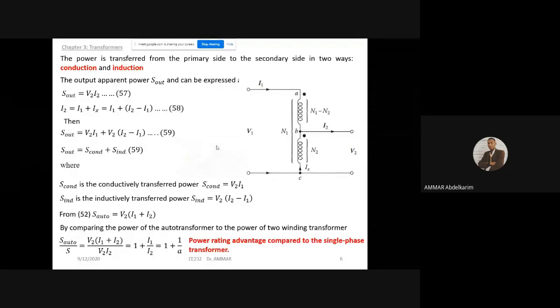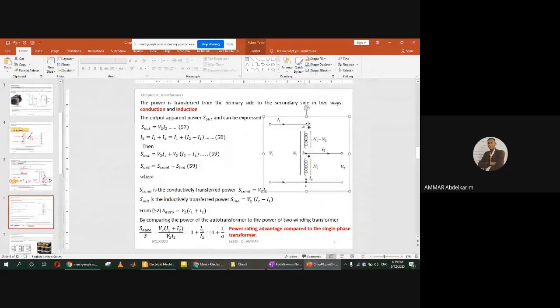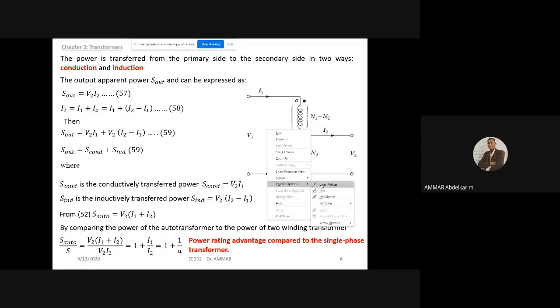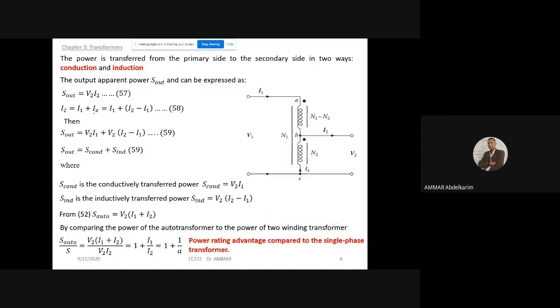Here, if we want to calculate the output power of the transformer, the output power, which is the apparent power, equals V2 times I2. This is the secondary voltage times the secondary current, the output apparent power.